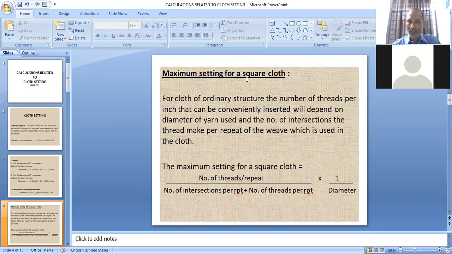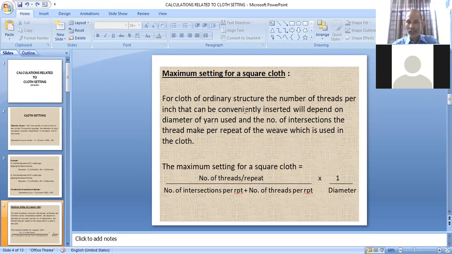But as far as the properties of the fabric are concerned, the square set is the ideal set. So here we are first calculating square set for different fabrics, and that's why we are saying square cloth.